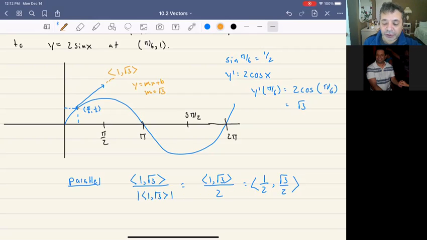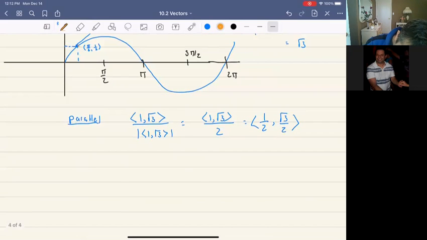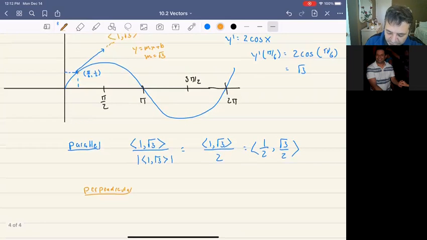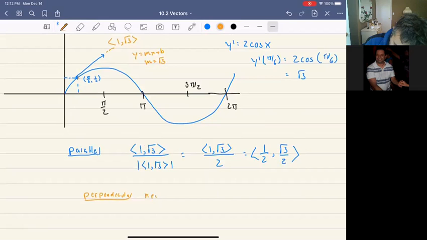Okay, so in order to be perpendicular, your new m, this is what I would say in a college algebra class, would be the negative reciprocal of that, right?